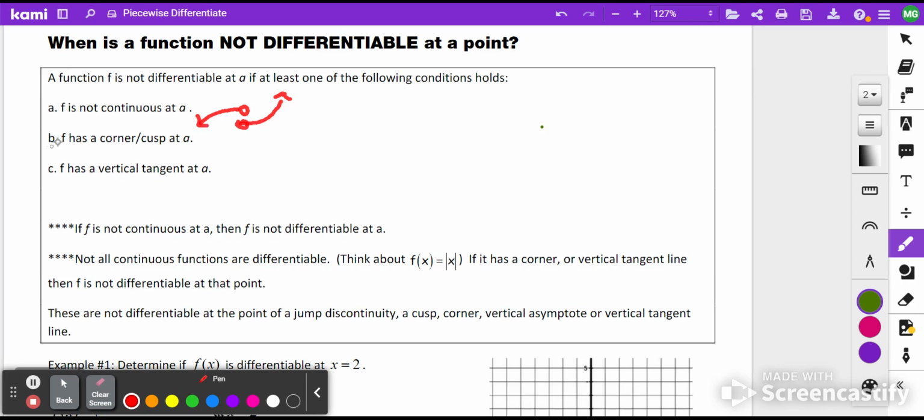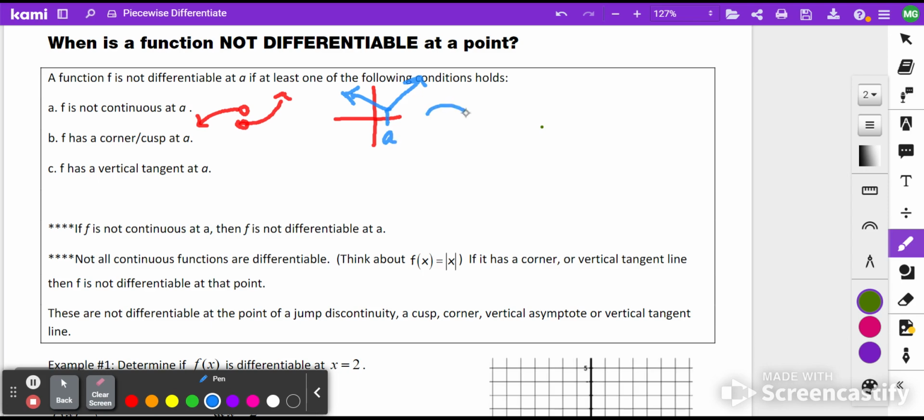Okay. For part B, if we have a corner or a cusp, for example, if we have something that looks like this, like say an absolute value right here at A, we would not be able to differentiate at that value.